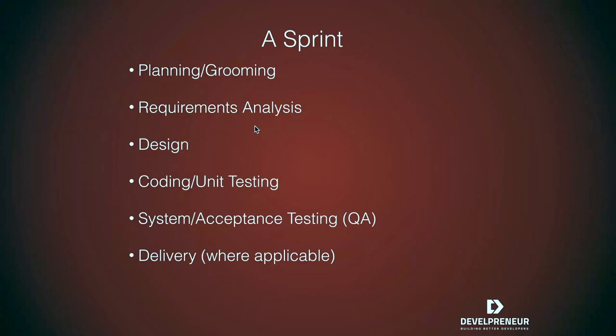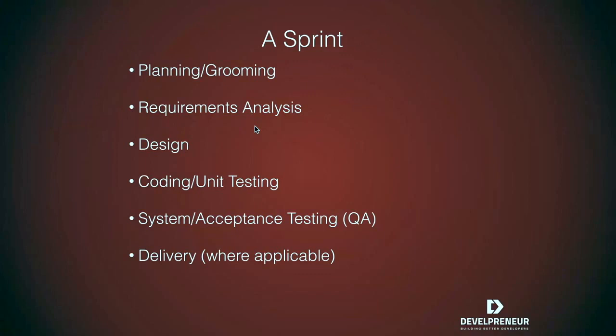Each mini project is a sprint, a period of time in which we work on some tasks and complete them and then move on to the next one. Any given sprint is going to include really all of the pieces of the software development lifecycle.